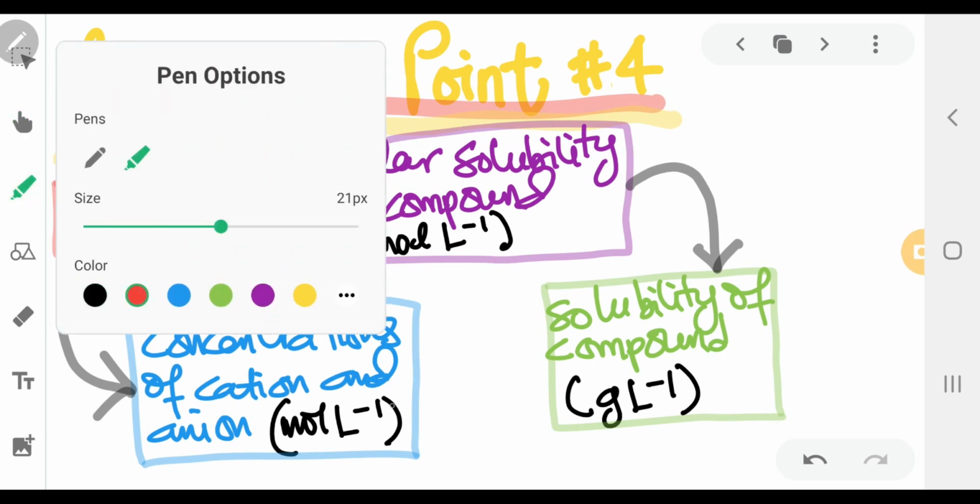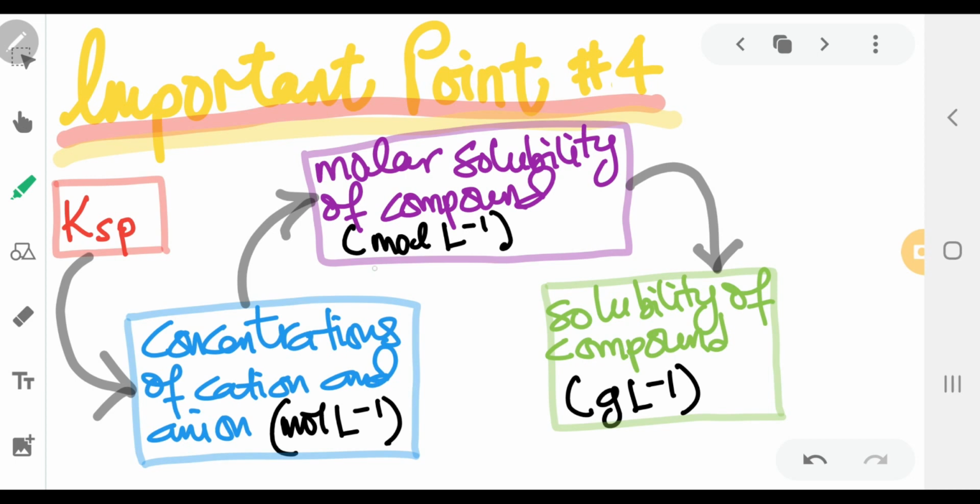We can do the opposite if we want to find the KSP value when the question gives you perhaps solubility, or the question gives you molar solubility. What we can do is go backwards in terms of the flowchart. The question gives you solubility, and therefore we can go backwards like this.